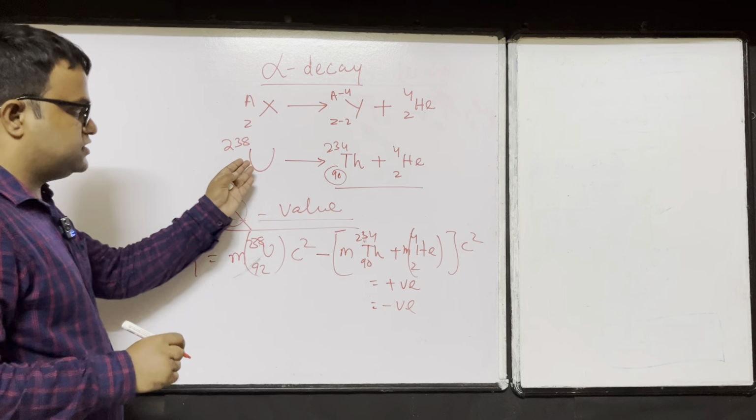The mass of helium 2 4 is 4.00260 U, you can write small u or AMU, and the mass of thorium 90 234 is 234.0404. This is the question.